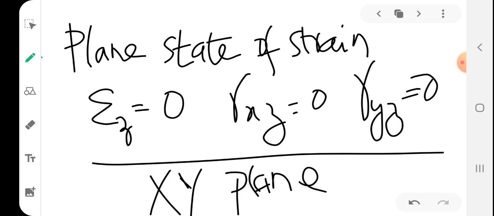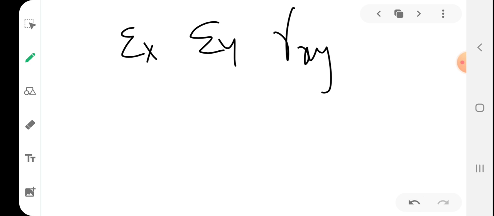Okay, parallel to the xy plane. So the non-vanishing strain components will be, what all will be the non-vanishing? Epsilon x will have a value, epsilon y will have a value, gamma xy will have a value.